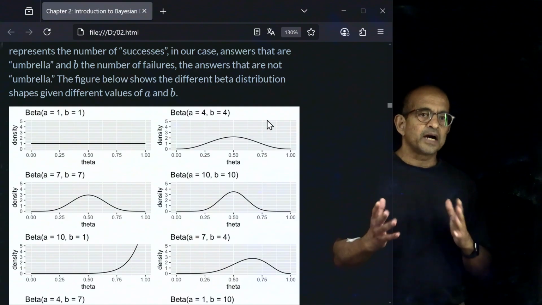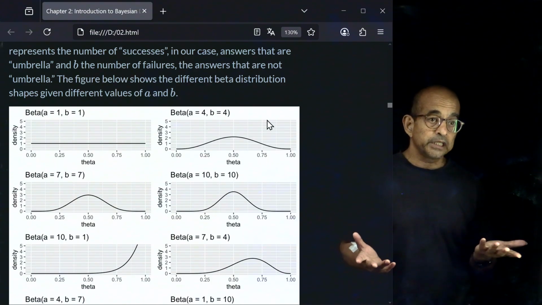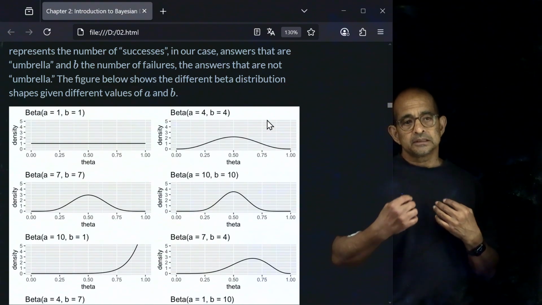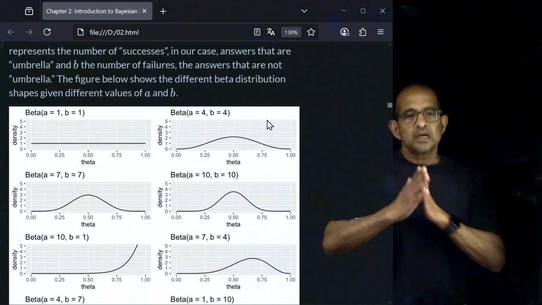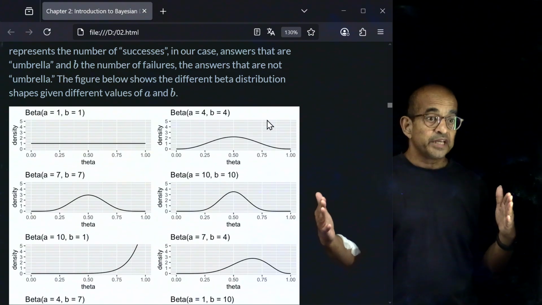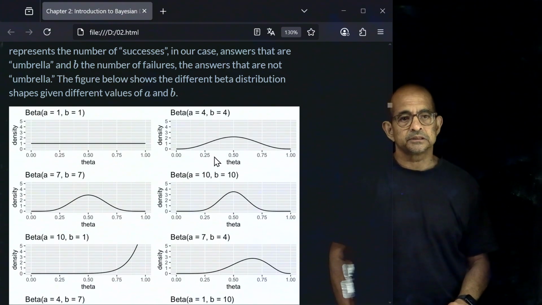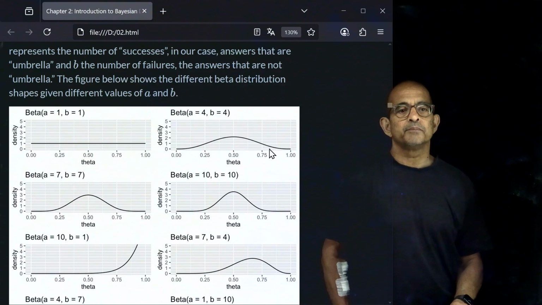So if I define a prior distribution, a beta distribution with A equal to 4 and B equal to 4, what I'm saying is that I believe that the theta parameter has a mean of 0.5, but I'm pretty uncertain about the a priori variability of that theta parameter. So the theta parameter could be as large as this number here, or as small as this number here.